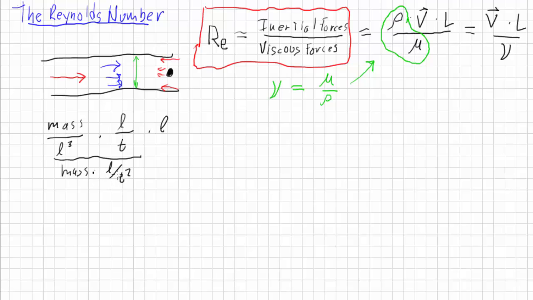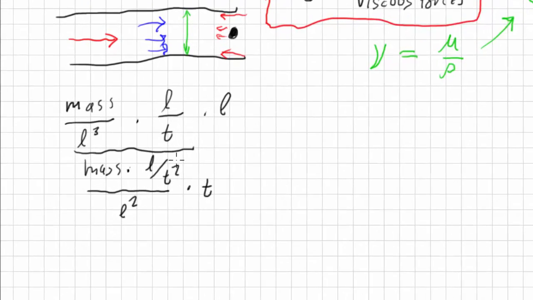So here's my force, mass times acceleration. Divide that by my length squared. I've got force over area, and then that's my stress, and then I multiply it by time. So this looks really, really messy.